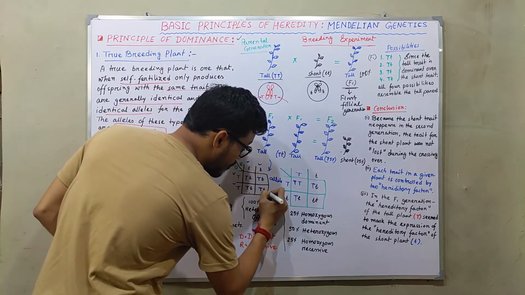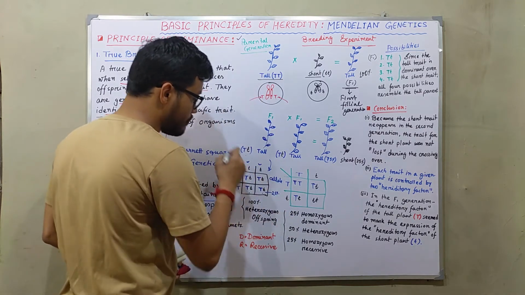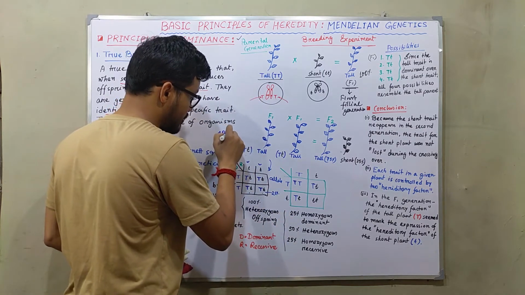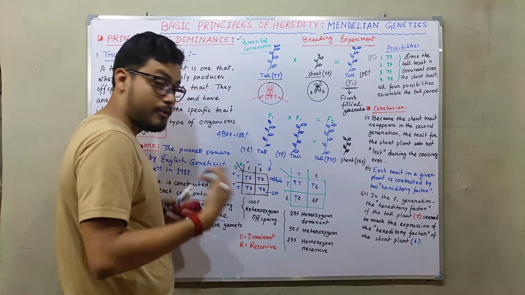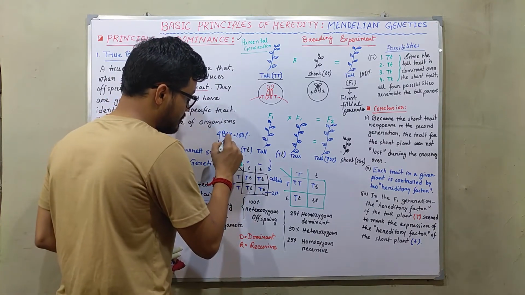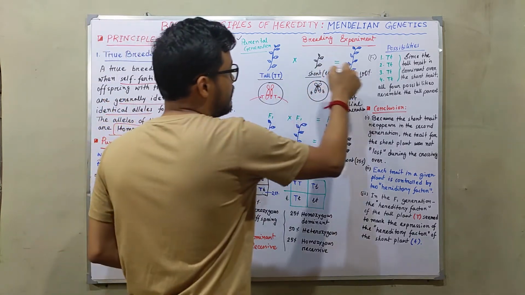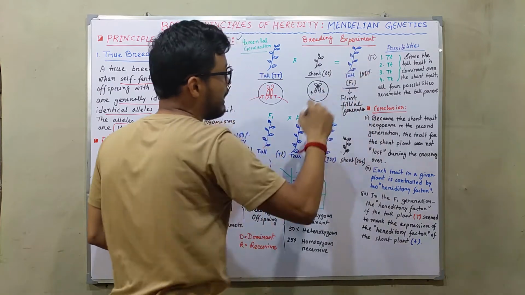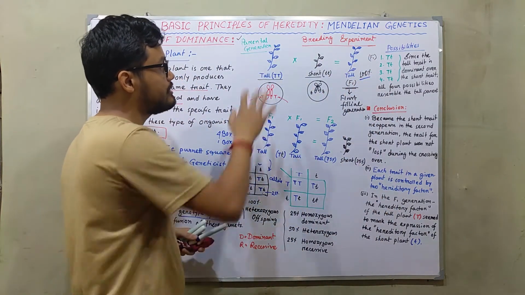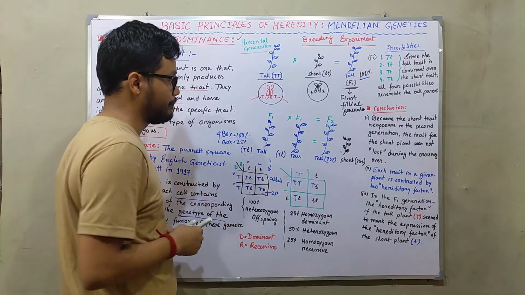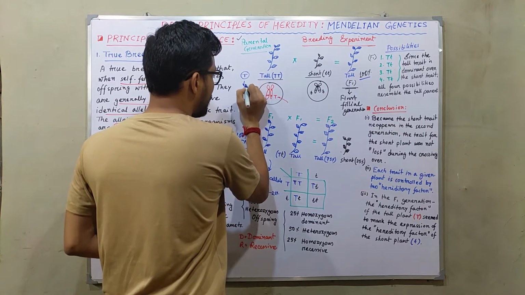One box represents 25%, because the four boxes represent 100% of the offspring. So in this case, in the first generation, we get 100% tall plants. So this is the first breeding experiment of Mendel. In this case, capital T is dominant over small t.